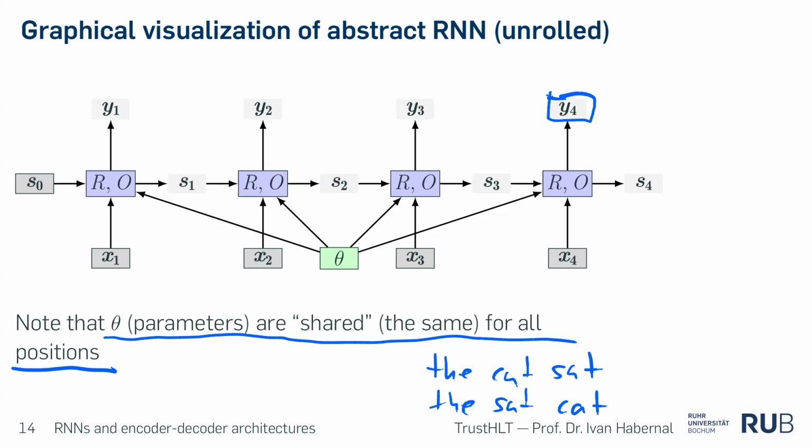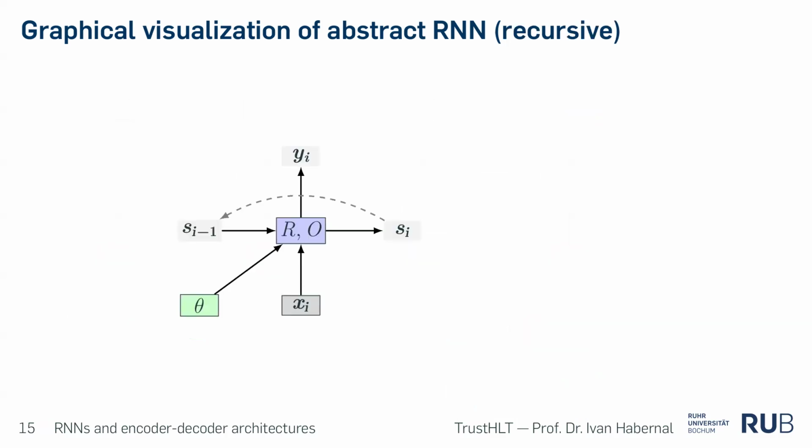And this is how it actually looks, how the functions are and how it's actually implemented if you do the computational graph. When you think about it, you can do some recursive abstraction of that. At the end of the day, at position i, there's the input, there's a previous state, there's a current output state, and there's a current output.